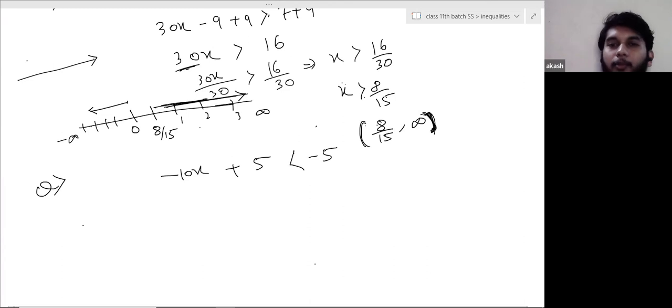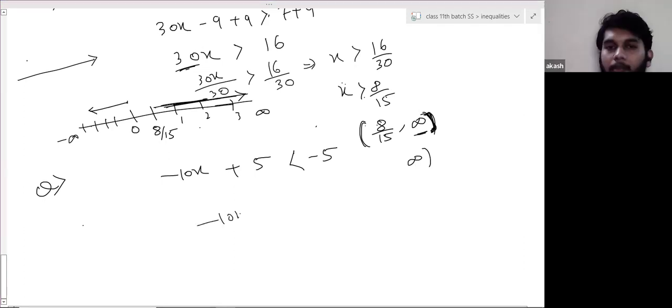Why did you use close bracket on infinite? Can we ever get to infinite, Iram? Whenever you write infinite, infinite will always have open brackets. All right. Okay.